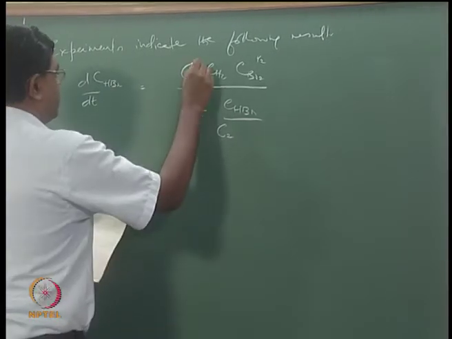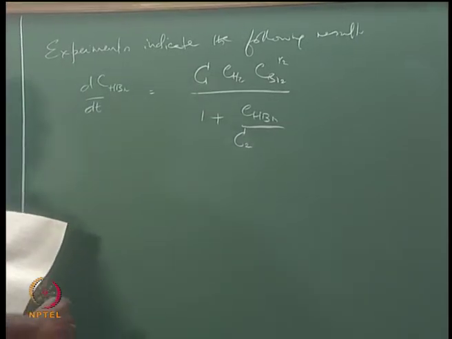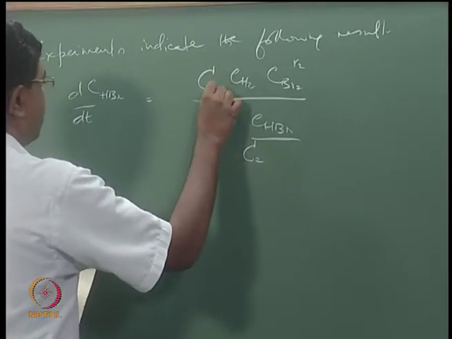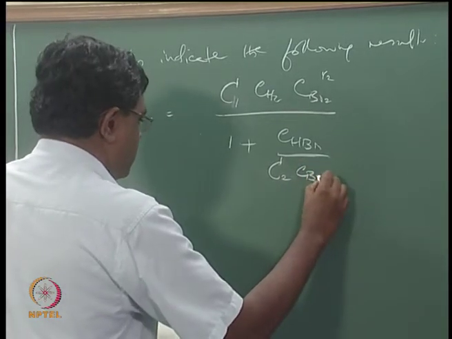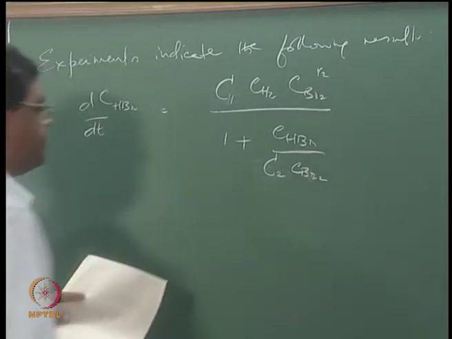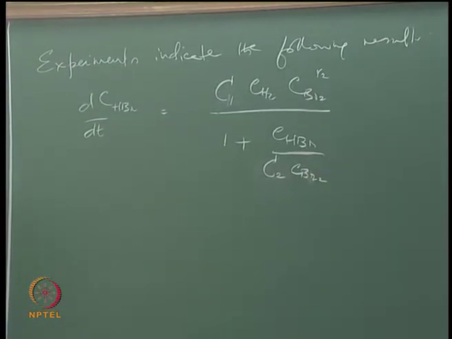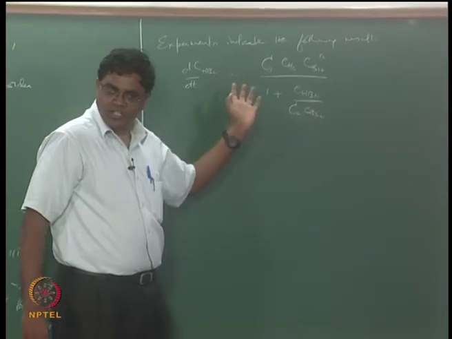So just in case you are getting confused, this is C1 and this is C2 CBr2. Oof, what does that mean? This is a pretty wacky expression there.